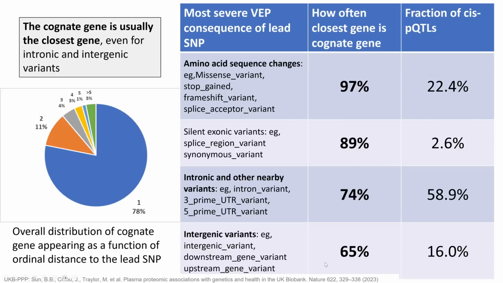And then this last category here is even for the vast space between genes, even in those cases, whatever gene is closest to that variant is still more likely to be the causal gene. You've got a lot less confidence than if it's within the gene or if it's a coding variant. But in all of these cases, that's going to be the causal gene.